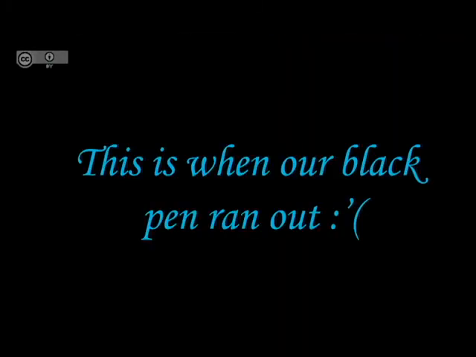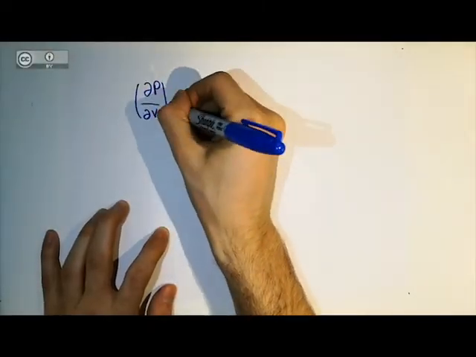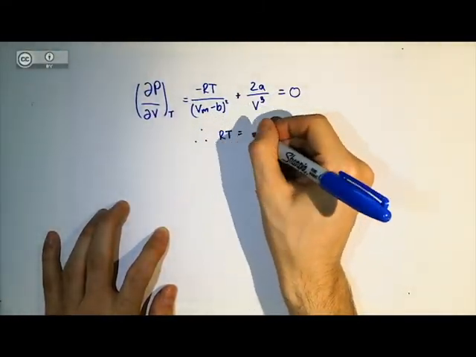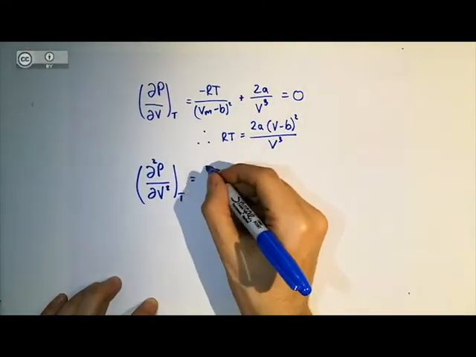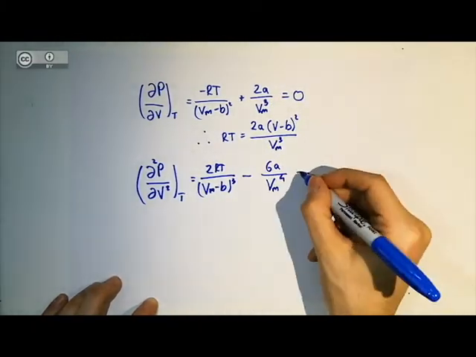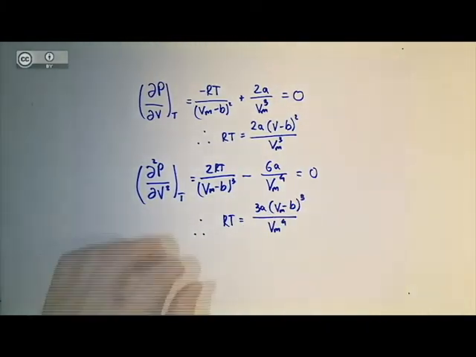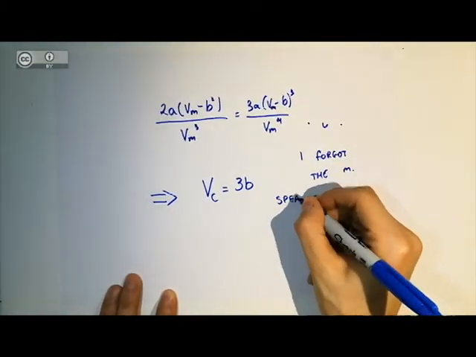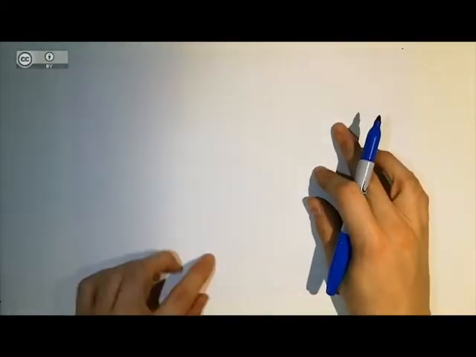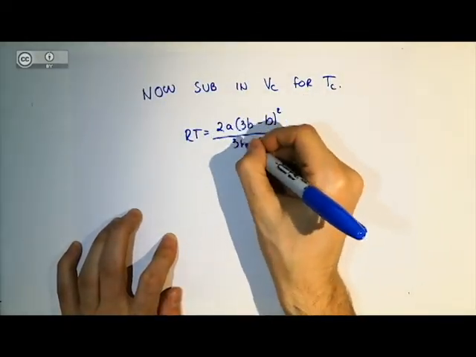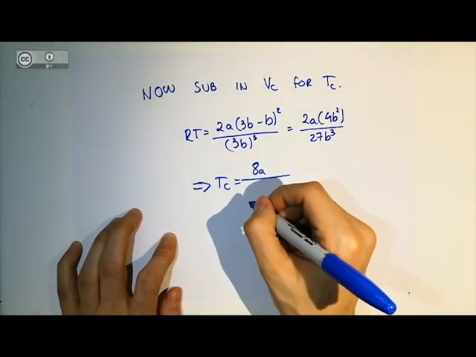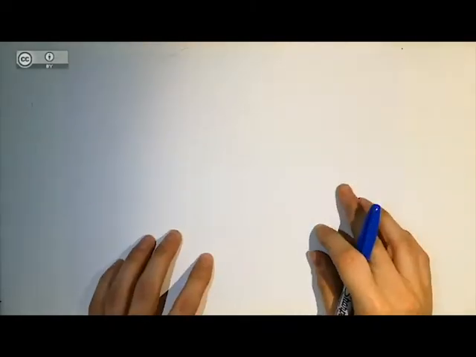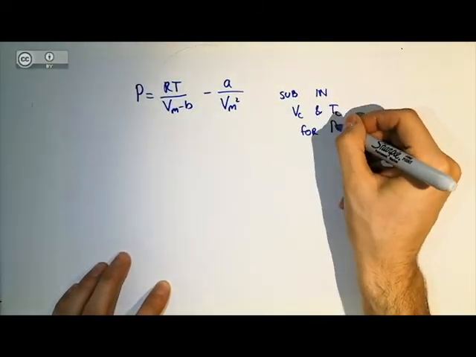Differentiating with respect to V twice gives us the first and second derivatives, which we equate to 0. Rearranging them both in terms of RT, we can equate these again and perform some simple algebra to show that V_crit equals 3b. To find the critical temperature, we can substitute the critical volume back into our earlier expression for RT, rearrange for T, and solve. We can do pretty much the same to get the critical pressure as well.